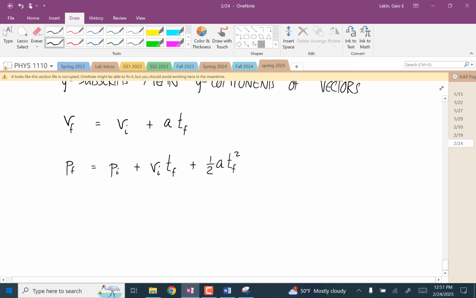And then the last one, leave space for another equation again, and the last one is 2A times the quantity PF minus PI is equal to VF squared minus VI squared.